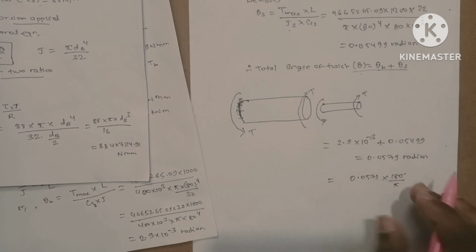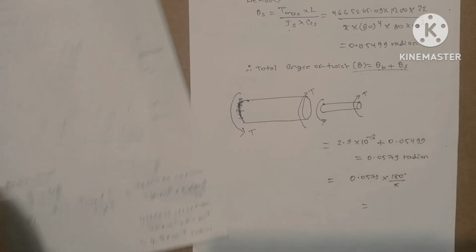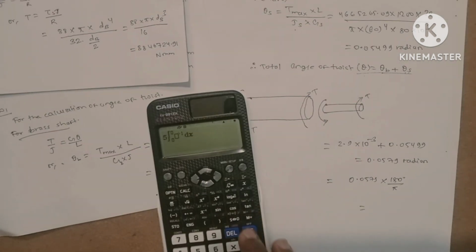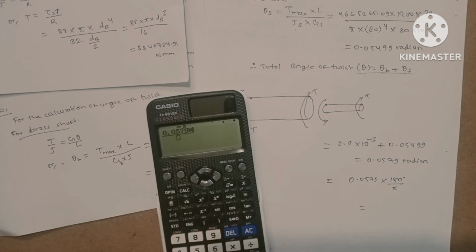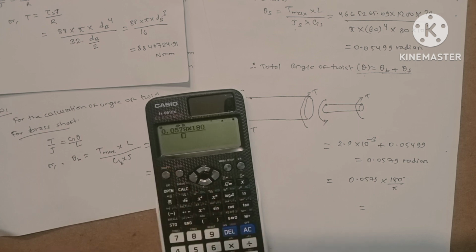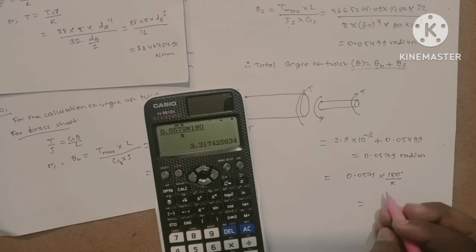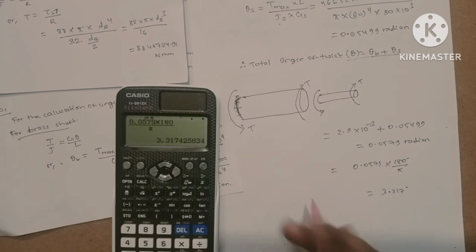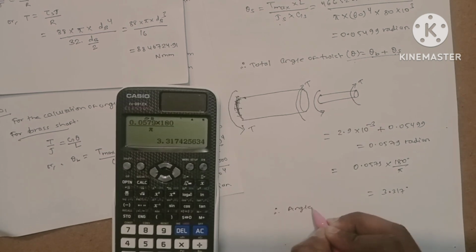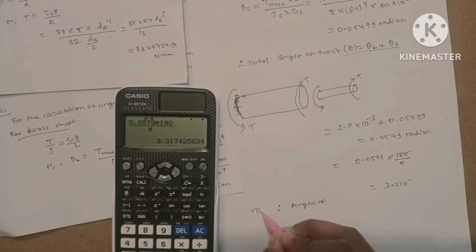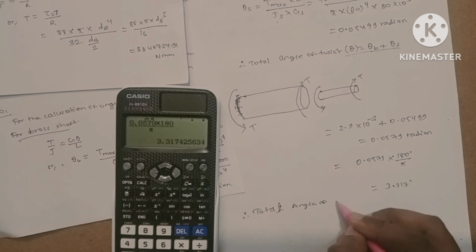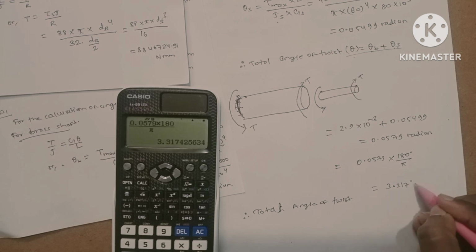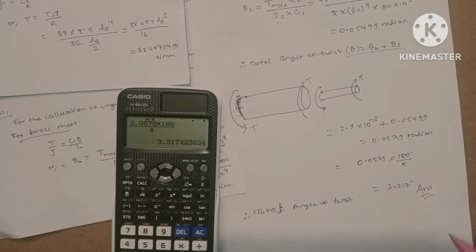So this becomes the answer in degrees. 0.0579 multiplied by 180 divided by pi, so 3.317 degree. Therefore, total angle of twist equals 3.317 degree. Answer.